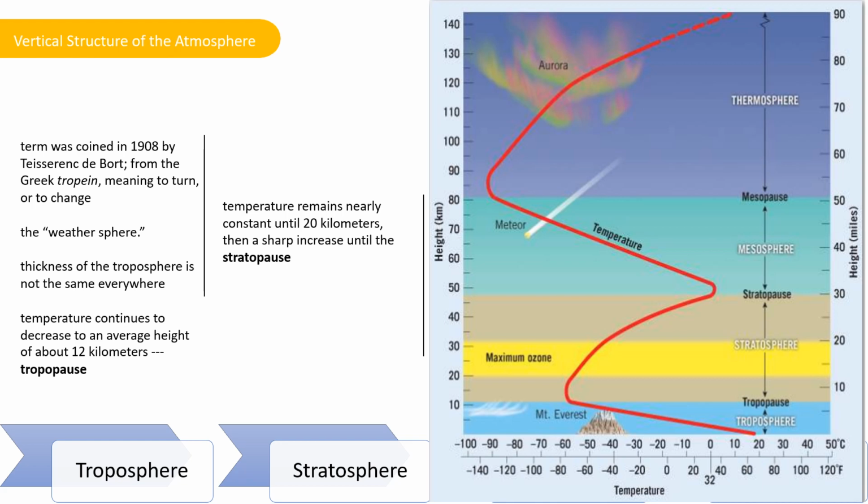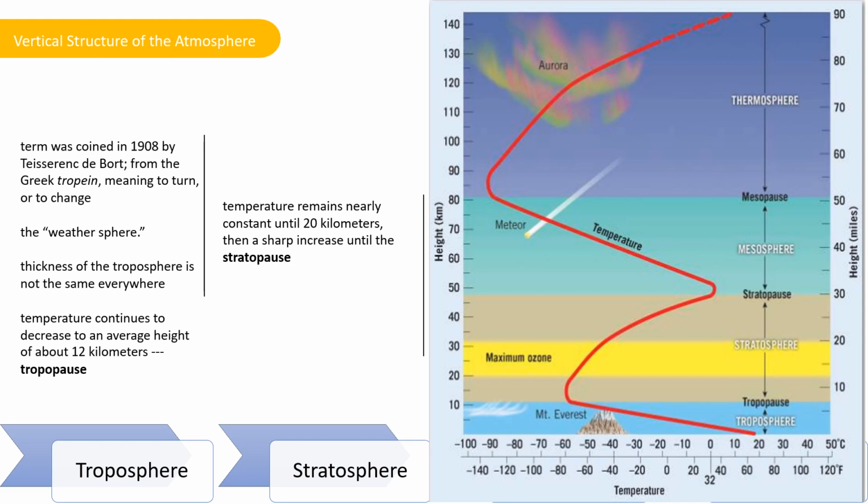So the next layer after the troposphere is the stratosphere. In the stratosphere, the temperature remains nearly constant, as you can see in the red line, up to 20 kilometers.